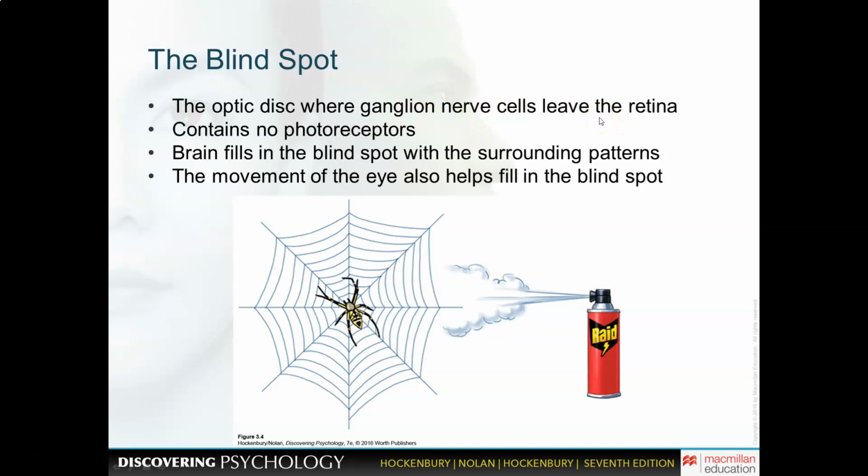I don't expect you to memorize that, but just know that the blind spot is blind because it has no photoreceptors in it, so light cannot be processed there. But what's interesting is that even though we have a blind spot, our brain fills in that spot with the surrounding environment patterns. So we won't experience a blind spot in our field of vision.